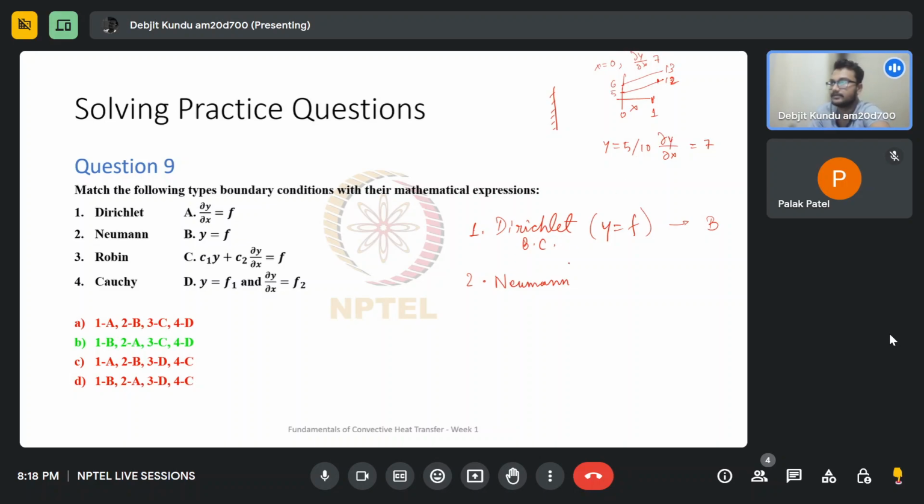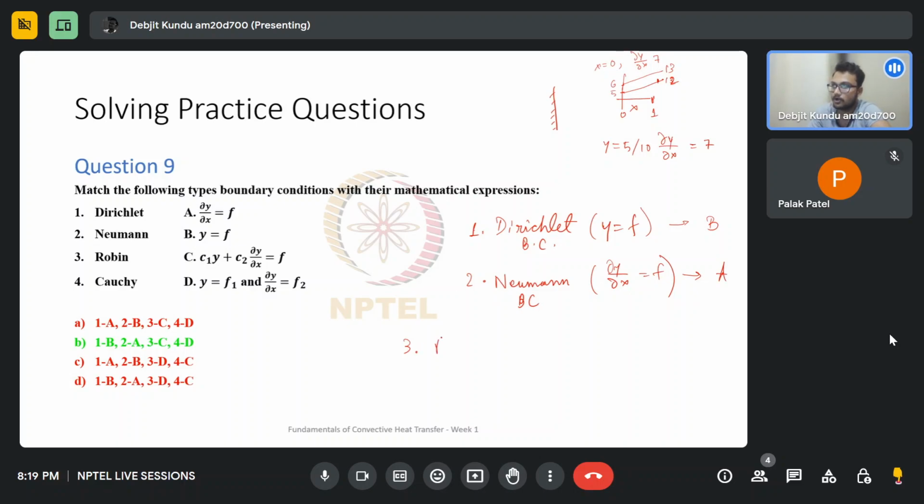Anyway, it doesn't matter. In Neumann boundary condition, what is done is the gradient is specified. Sorry, not the value itself, but some gradient of the value that is specified. That is a Neumann boundary condition. फिर आता है ऑप्शन सी और ये मैच करेगा ऑप्शन ए के साथ, तो 1b 2a मिल गया.